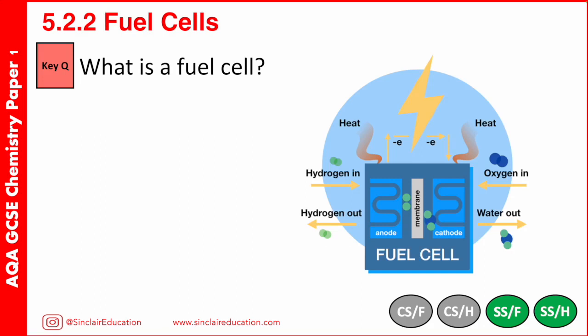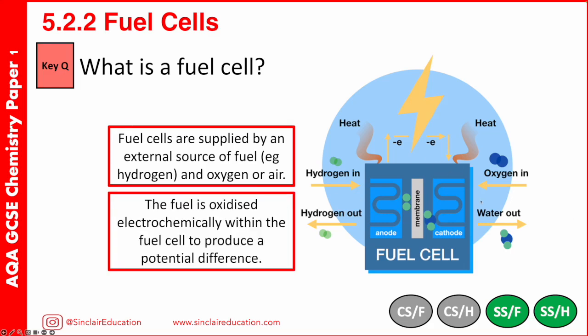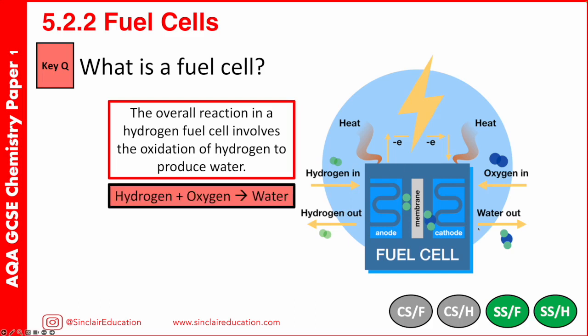This leads us on to fuel cells. Now, these are supplied by an external source of fuel. So in this case, hydrogen and air has been drawn in, particularly the oxygen we're after. And what we've got is the fuel being oxidized to produce this potential difference. When we look at hydrogen fuel cells, what we've got is the oxidation of hydrogen, so that's the fuel really, going in to produce water.